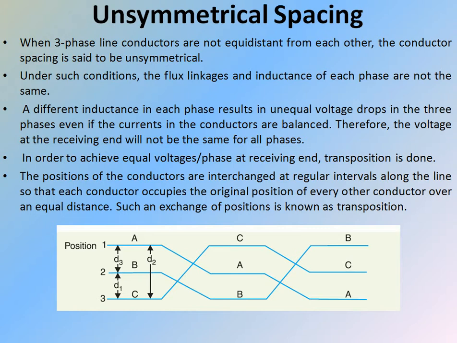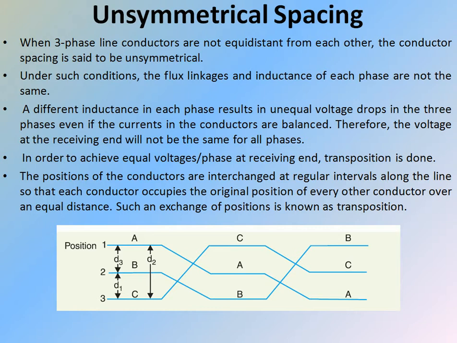Due to this, the inductance values also will be different. These different values of inductance will cause the inductive reactance values also to be different. Hence the voltage drops in all these three phases will also be different, which in turn will result in unequal voltage distribution at the receiving end.